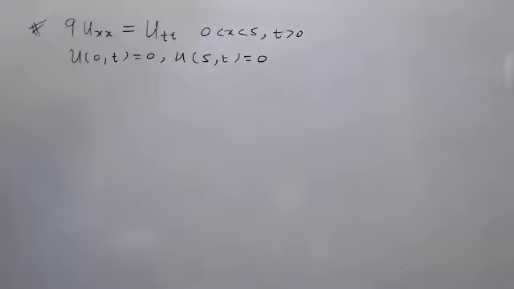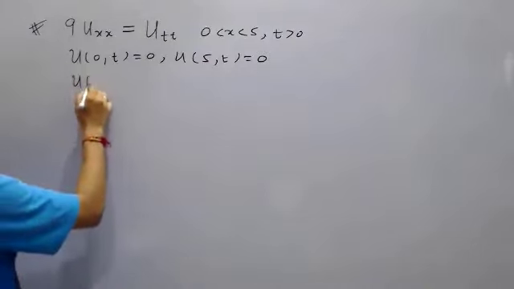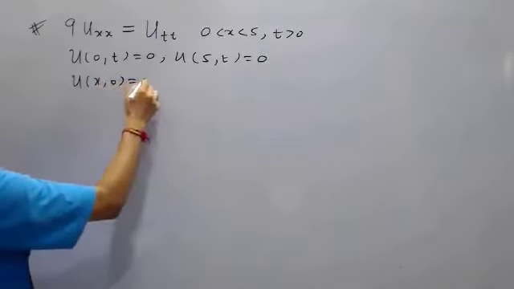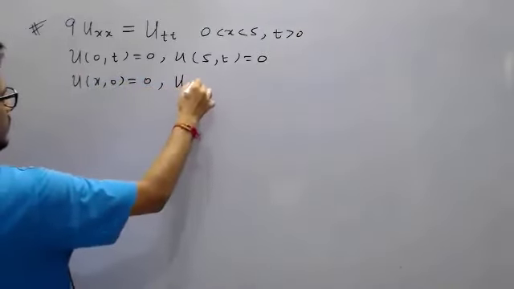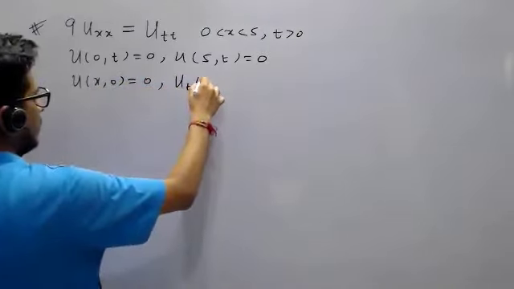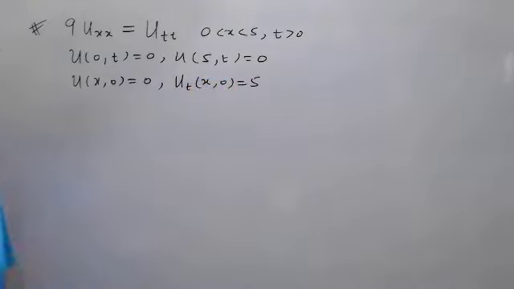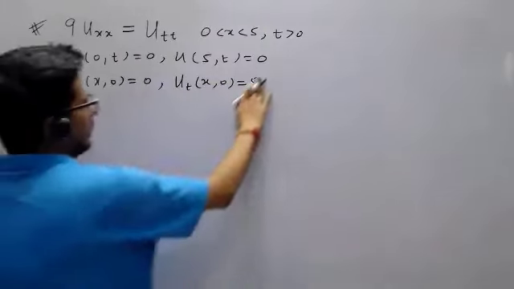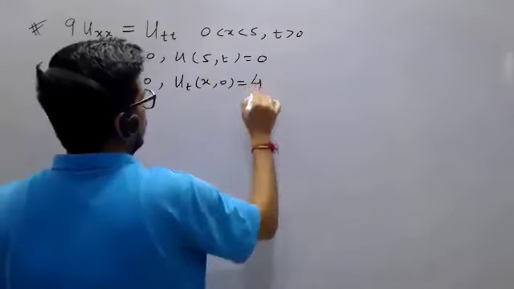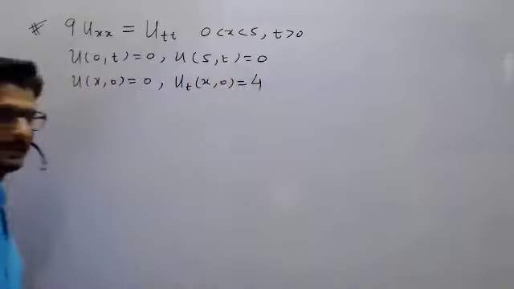This means the ends of the string are tight, they are not moving. Then u(x, 0) is 0 and u_t(x, 0) is equal to 4. This is the question.